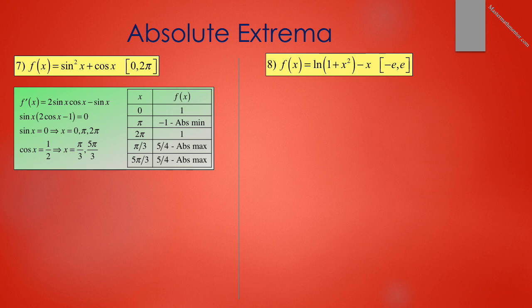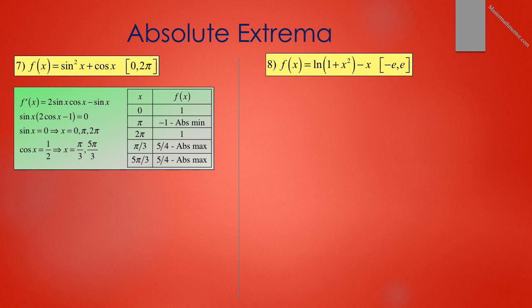At x equals 0, f of 0 equals 1. At x is equal to pi, f of pi equals -1. At x is equal to 2 pi, f of 2 pi equals 1. At x is equal to both pi over 3 and 5 pi over 3, f of x is equal to 5/4.